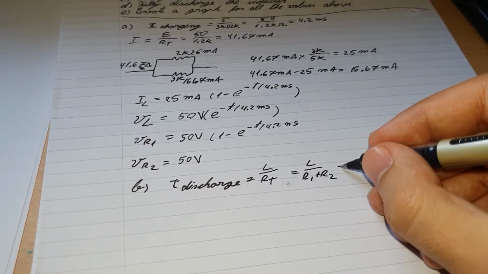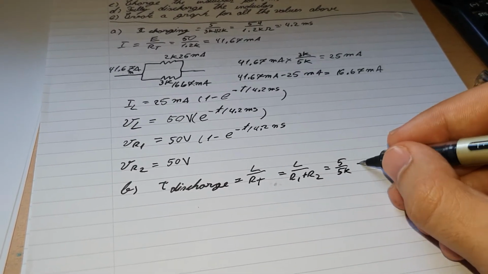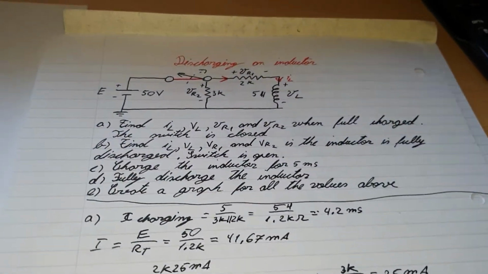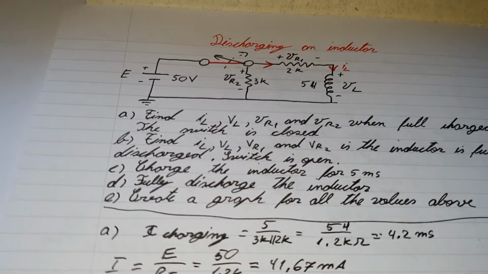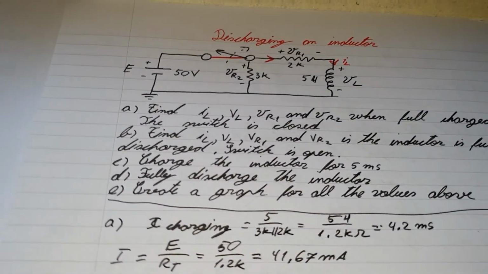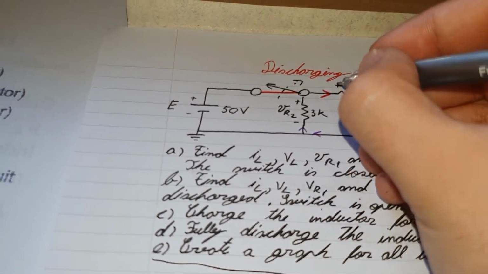And you may wonder, well Alex, why is it R1 plus R2 this time and not the other way around? Well, let me show you why. So the red wire represents when the switch is closed. Now let's open the switch and represent the direction of the current and everything with the purple wire. And now the direction of the current is the following. See?